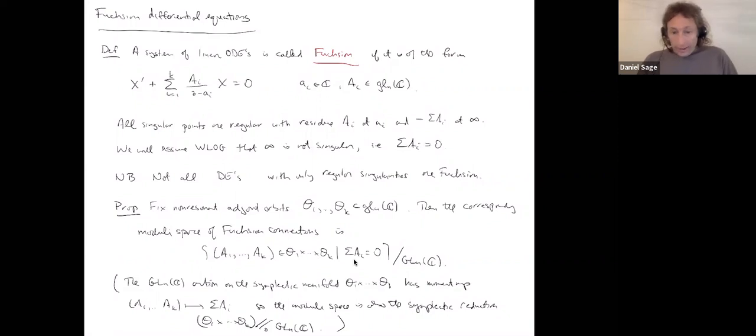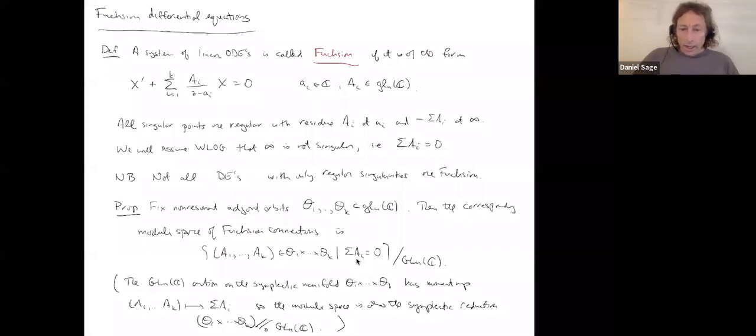You require that the sum of the A_i equals 0 to guarantee that there's no singularity at infinity. So that gives you something. And then you look at conjugation by GL_n(C), because, as we discussed, two connections are globally isomorphic if their matrices differ by conjugation.